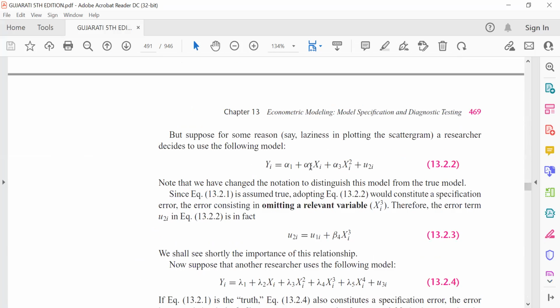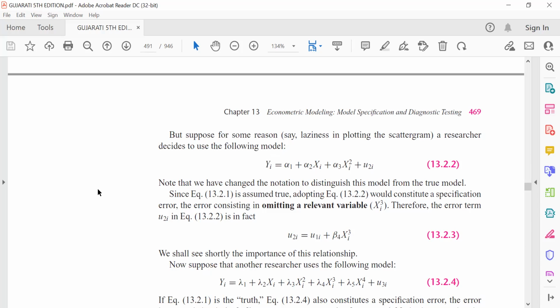But suppose for some reason we estimate a model where we drop one variable. Since equation 13.2.1 is assumed to be the true model, estimating 13.2.2 would constitute a specification error. The error consists in omitting the variable X cubed.